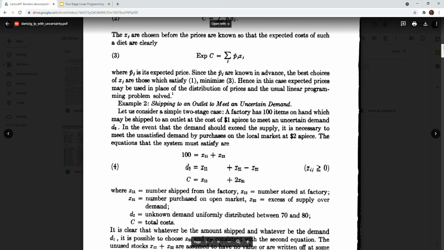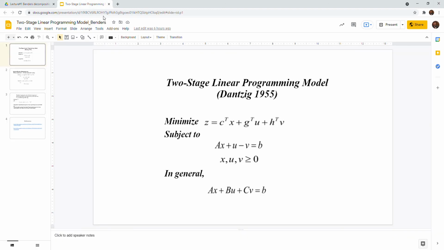So for this clip, in summary, what you should understand is the result of Dantzig's paper here, which we call the two-stage linear programming model. This is a class of problem that leads to a large-scale linear programming problem.